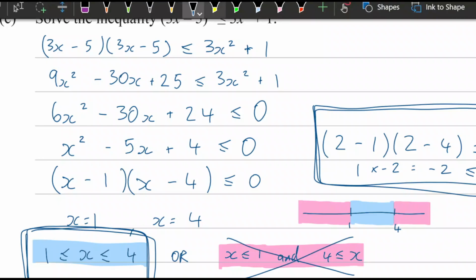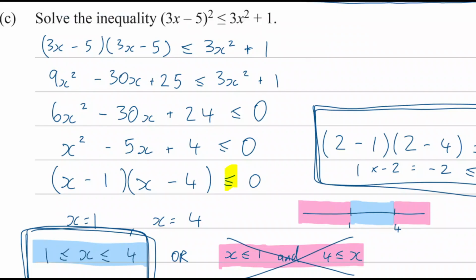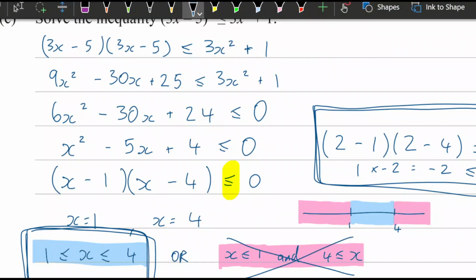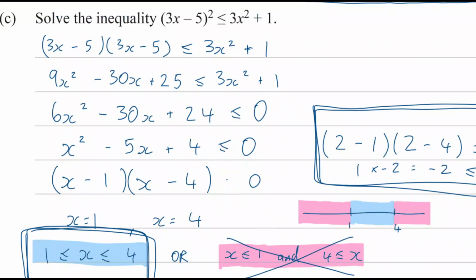I didn't mention that too much, but it's inclusive because we had this less than or equal to sign. But if it was just less than, our final answer would be 1 less than x less than 4. So just a subtle difference there, but in level 1, you can write either and you'll still get full marks.